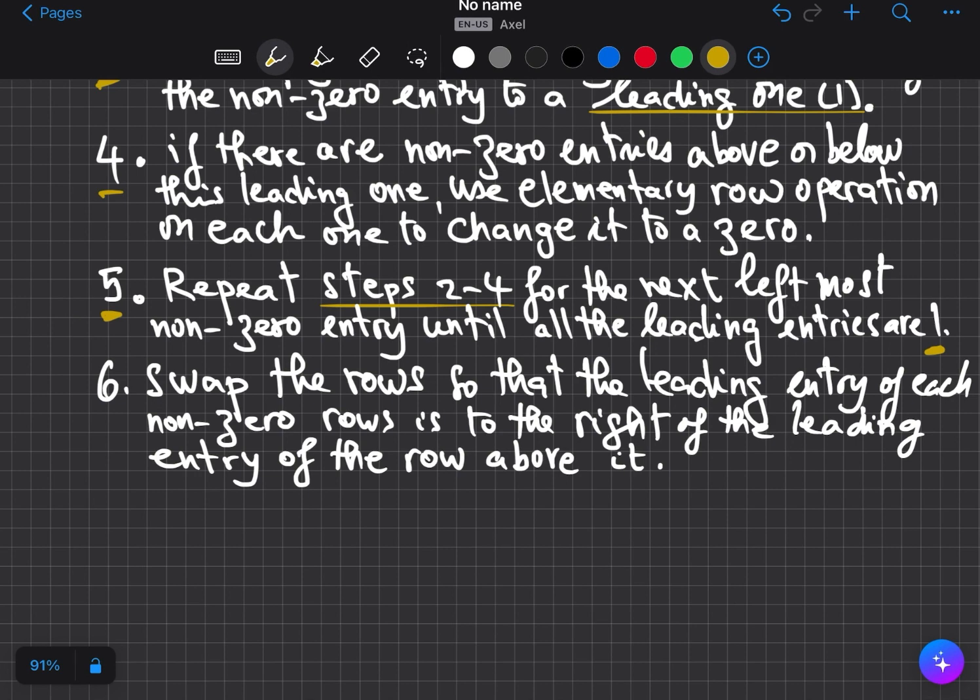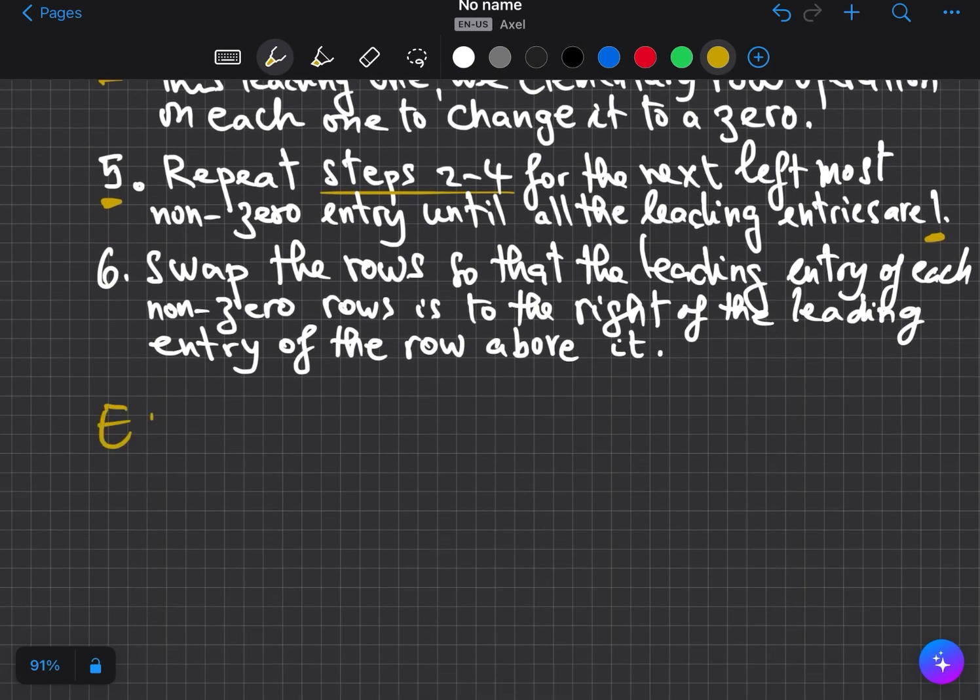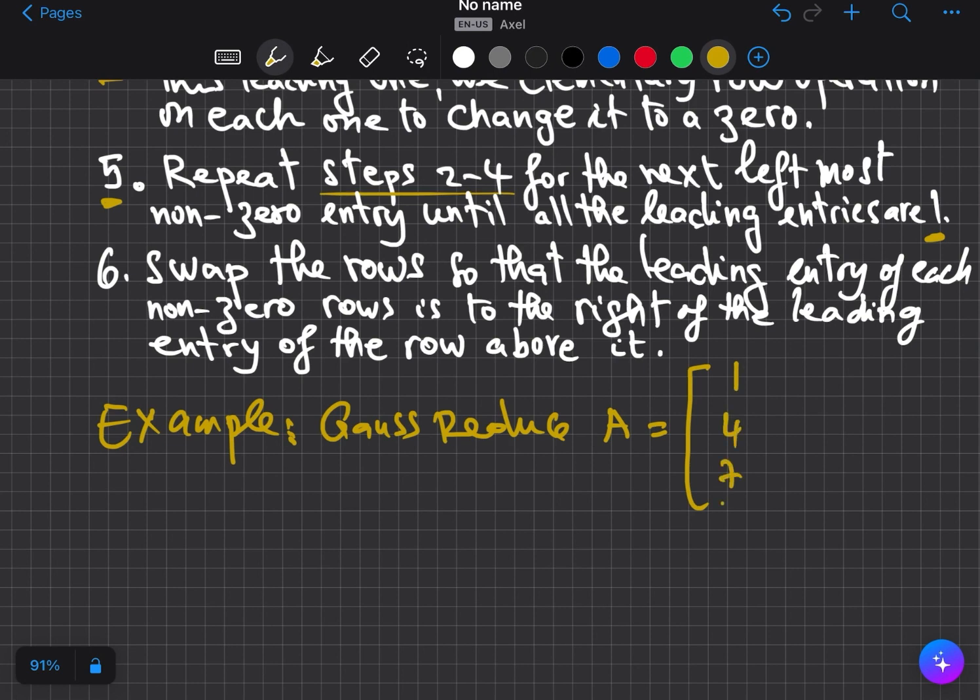Okay, now let's have a practical example. You are asked to Gauss reduce this matrix: 1, 4, 7, 10, 2, 5, 8, 12, 3, 6, 9, 15.